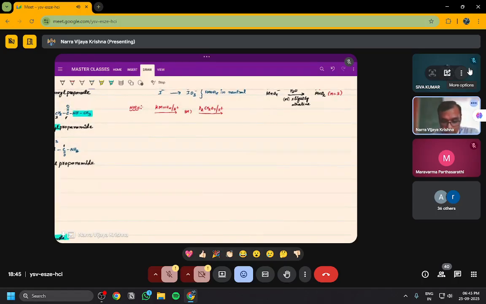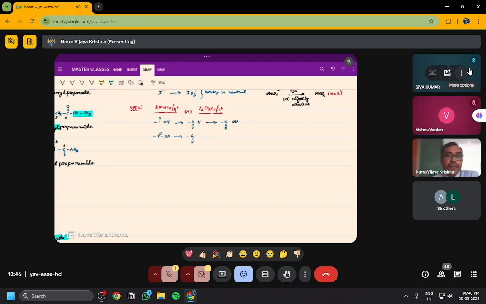So these are good oxidizing agents. If it is a primary alcohol, they will convert it to aldehyde, and the aldehyde will convert to carboxylic acid. If it is a secondary alcohol, it will convert to ketone. Further reaction will not happen.